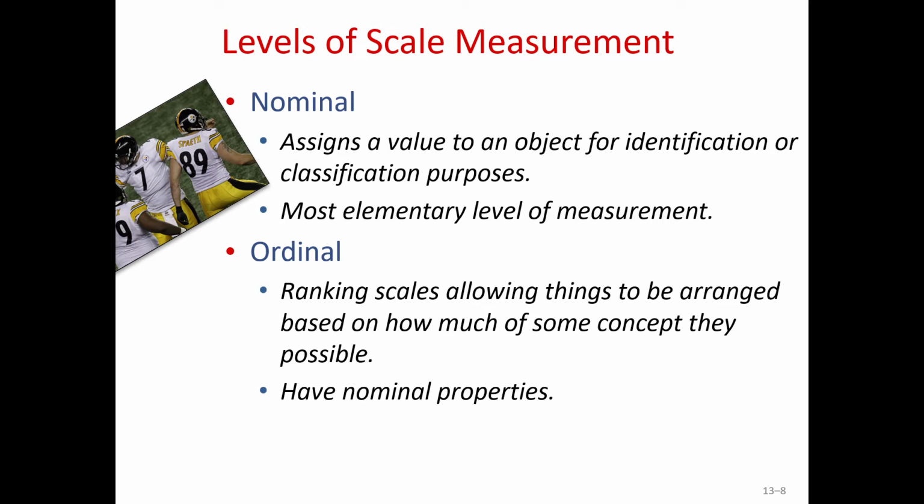The first one, nominal scales, represent the most elementary level of measurement, and nominal scales assign a value to an object for identification or classification purposes only. The value can be, but does not have to be, a number because no quantities are being represented. So a nominal scale is truly a qualitative scale.